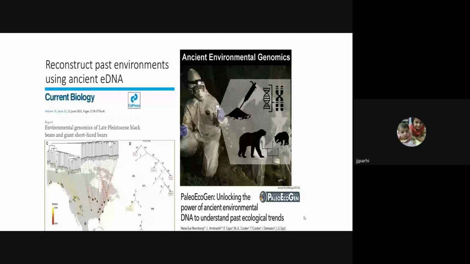But where there are no fossils, there is a possibility that there are some cells or some hair or some pieces in a particular layer of soil, and they take these out and use them for understanding the changes in the environment.